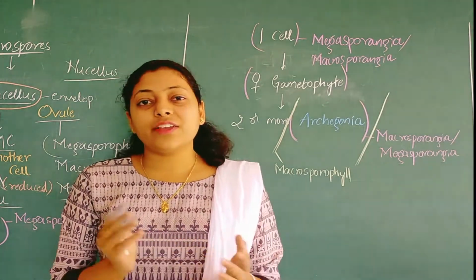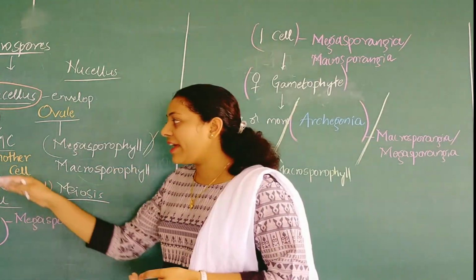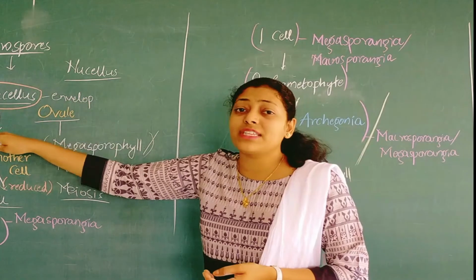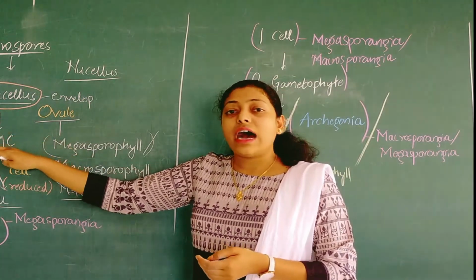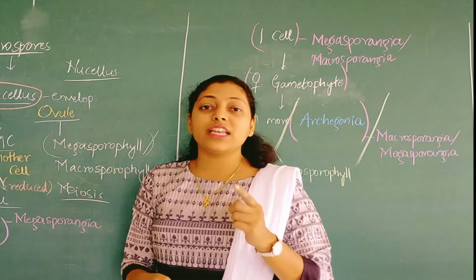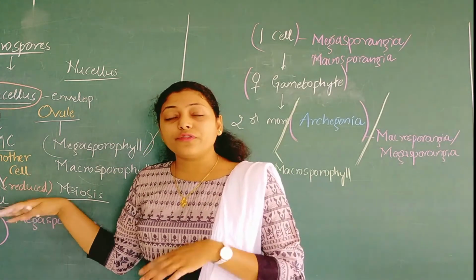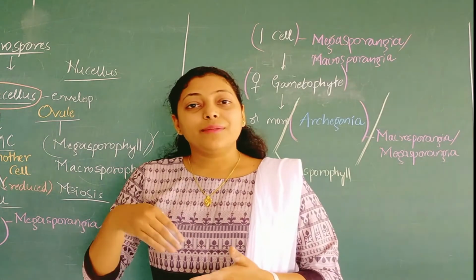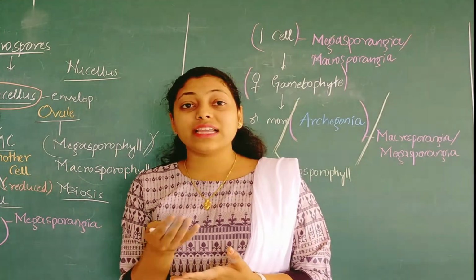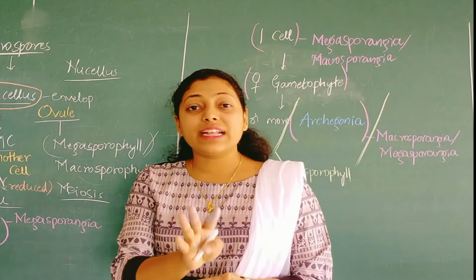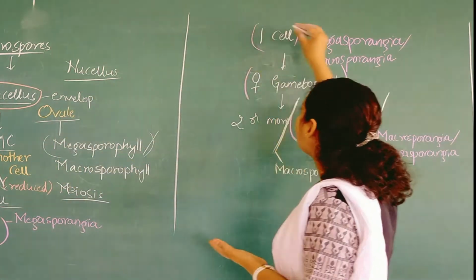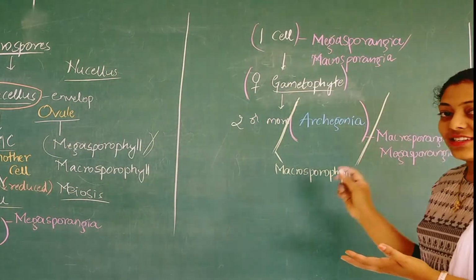Meiosis is the only thing which forms 4 cells. That's why the MMC formed from the nucellus gives rise to 4 further cells, and for that meiosis happens. Meiosis is reductional division, so we can say it is the gametophyte, right?